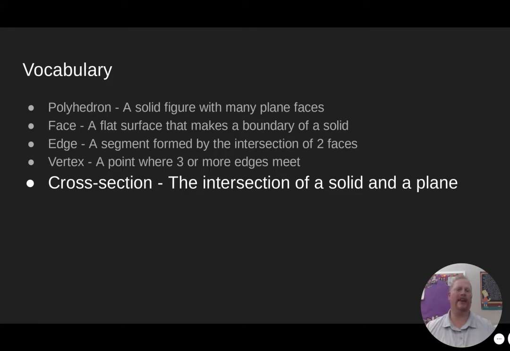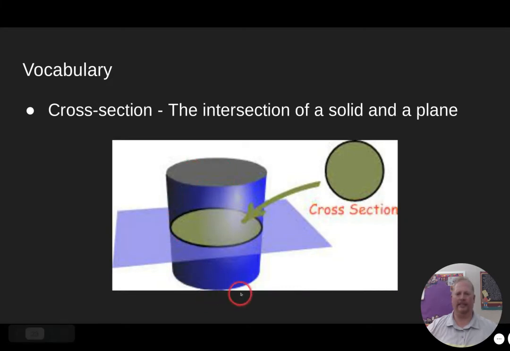Last thing you need to know is cross-section, and it's the intersection of a solid and a plane. So what that means is if I take a 3-dimensional object and then cut it with some sort of plane, whatever you get by holding those 2 objects up, that would be the cross-section. So if I were to take this cylinder and slice it horizontally, the cross-section would be a circle. If you took a can and cut it, you'd see a circle.